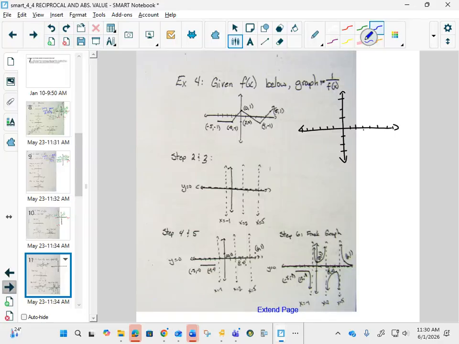So I start with asymptotes. Are there any x-intercepts? Yes. There's an x-intercept here, here, and here. So at -2, no, that's wrong. -1, thank you.